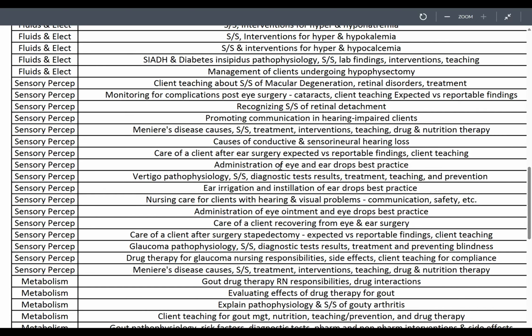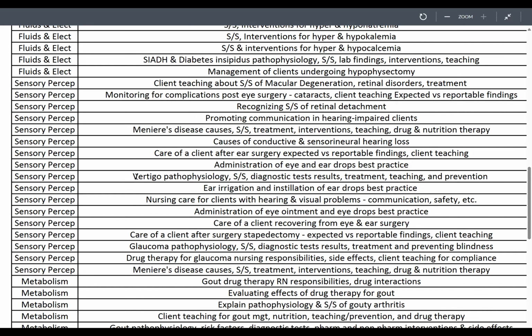It doesn't make any sense. And of course I tell them, sir, you're wasting your medication, and no wonder you're here. So teach them. Same thing here for the eye. Remember, for glaucoma, for instance, these medications keep them from getting blind. So if they're not doing it correctly, they'll go blind.